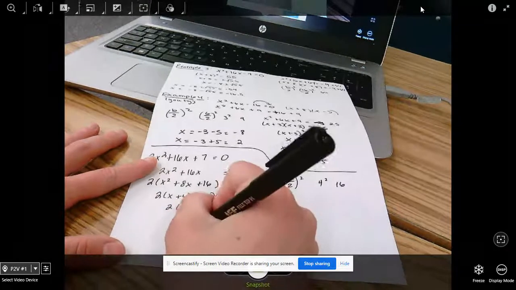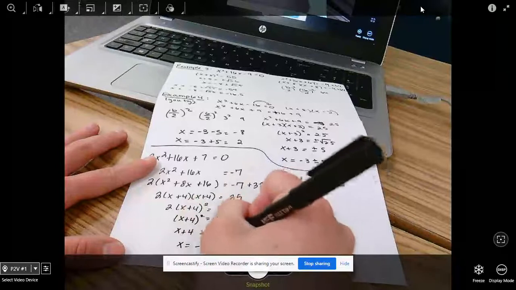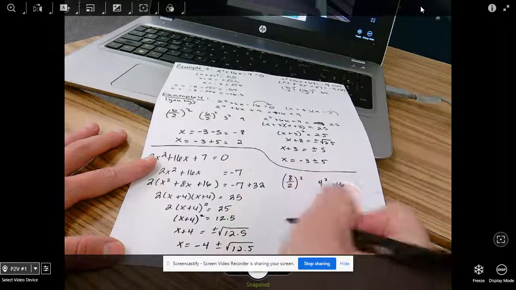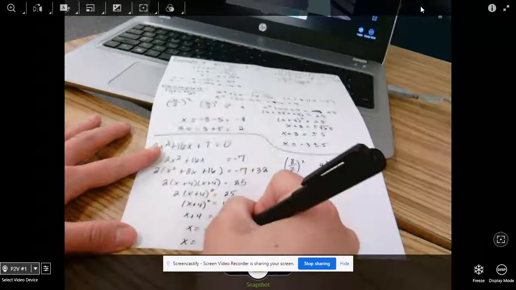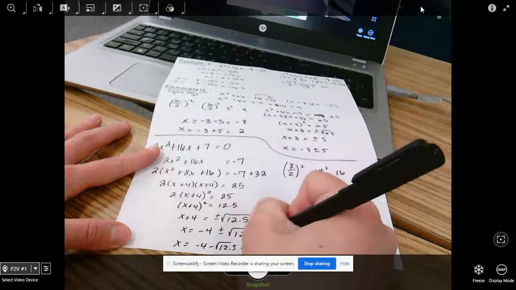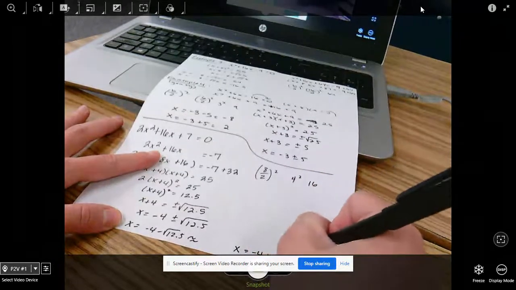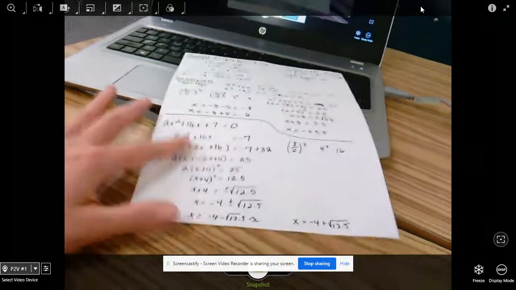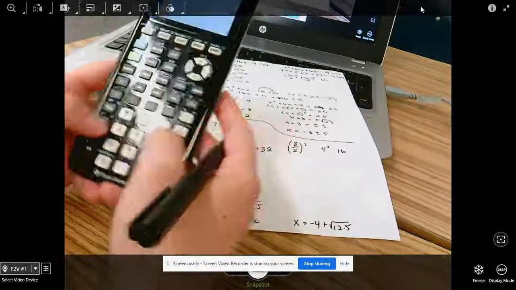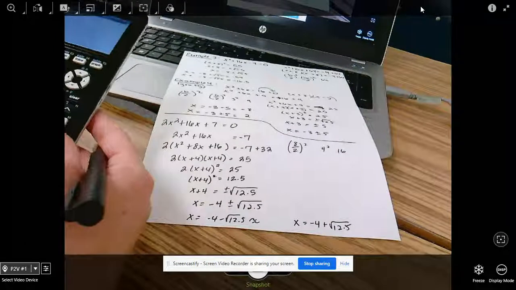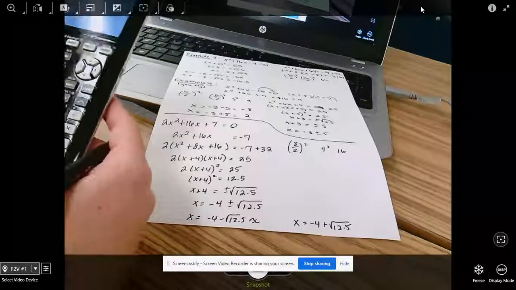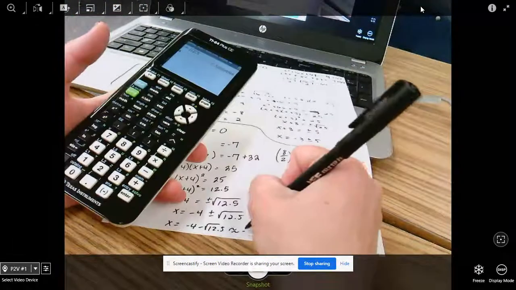I'll show you how to do that in a minute. I'm only keeping it in that form because I'm eventually making it a decimal anyway, so it doesn't need to be proper.